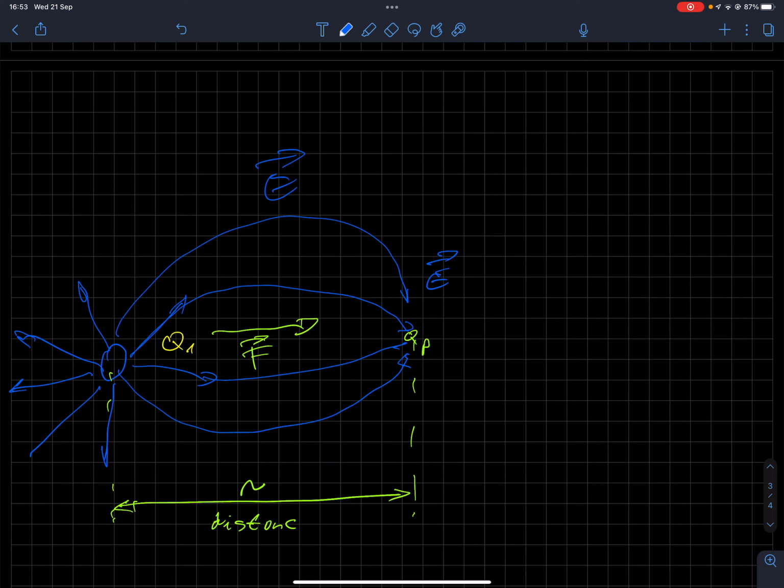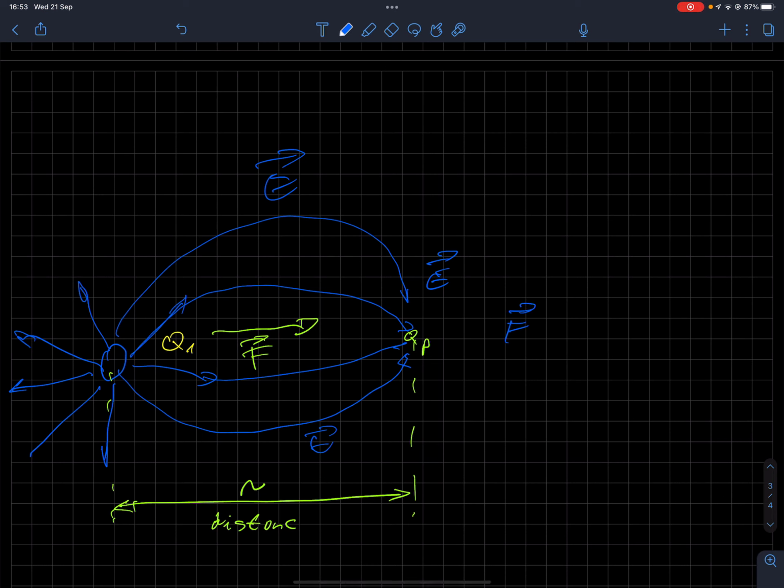So we have a Q1 charge, and around Q1 charge we have electric field, right? And we bring some other test charge QP in that field, and that test charge QP will experience a force.